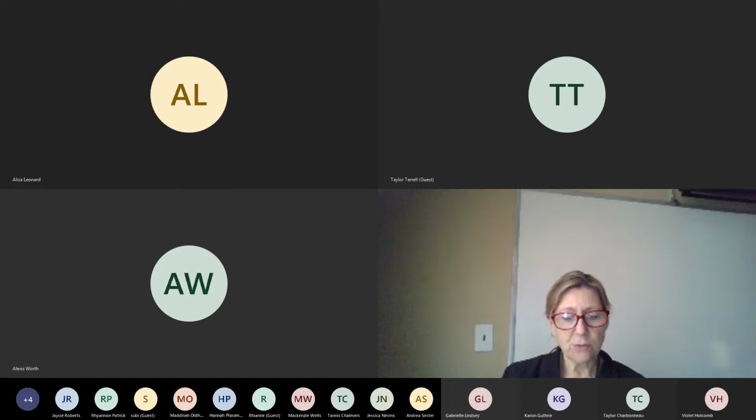Subgingival plaque versus supra. Subgingival plaque is below the gum line, supra is above. Subgingival plaque has more gram-negative anaerobic bacteria than supragingival. Let's see. Materia alba. Materia alba is the cottage cheese looking masses.